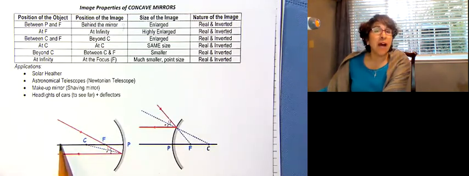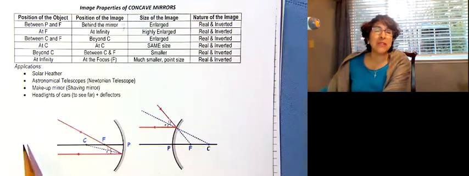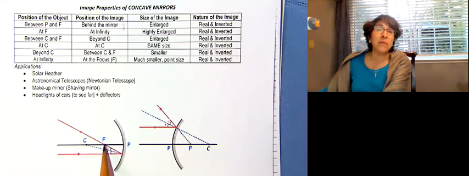And then if it's beyond C, way here, your object, then your image is going to be between C and F. All right. If your object is way super far away, then your image will be exactly at the focal point, okay, but really tiny.